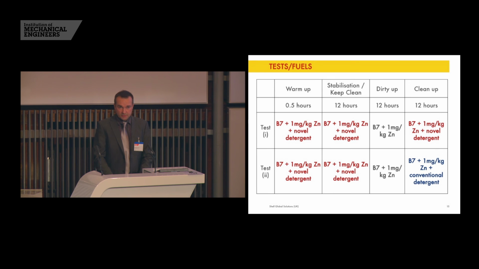In both tests we excluded the detergent so that deposits could form. And then in the final stage, the clean-up stage, in one test we used the novel detergent, and in the other a conventional detergent. Both of these were applied at premium dose rates.